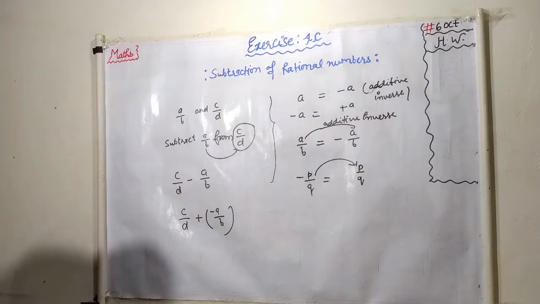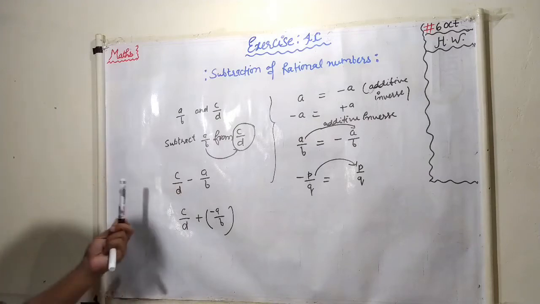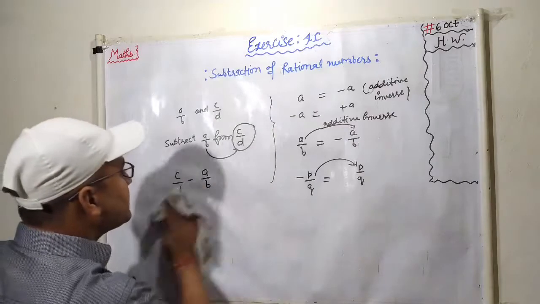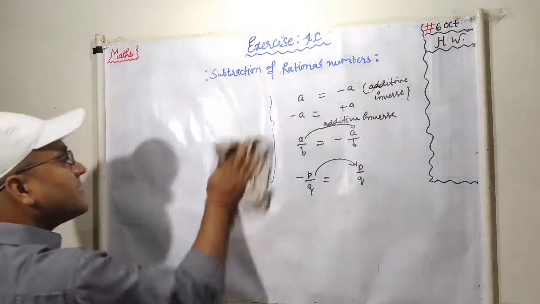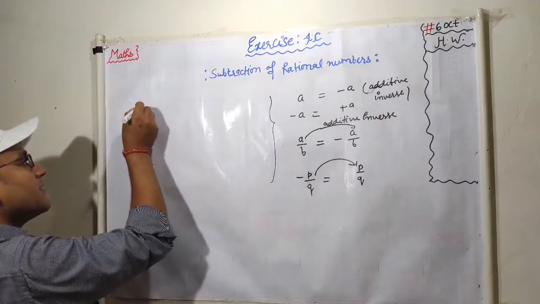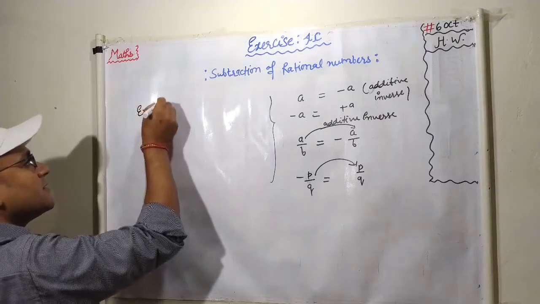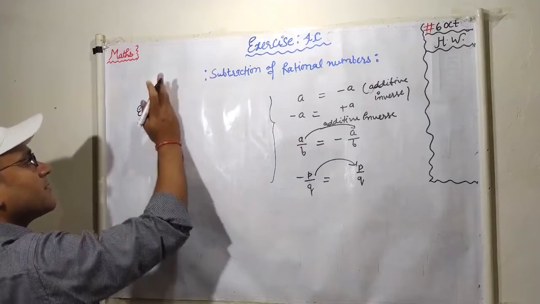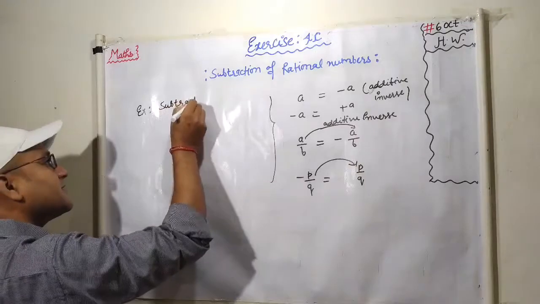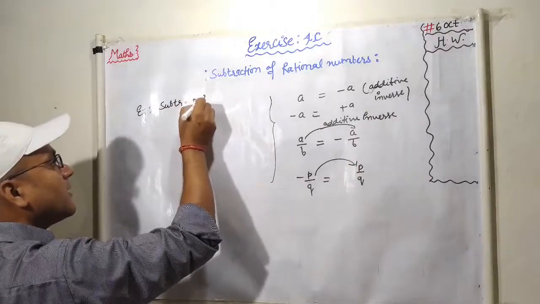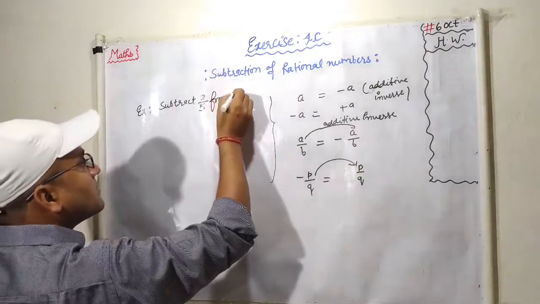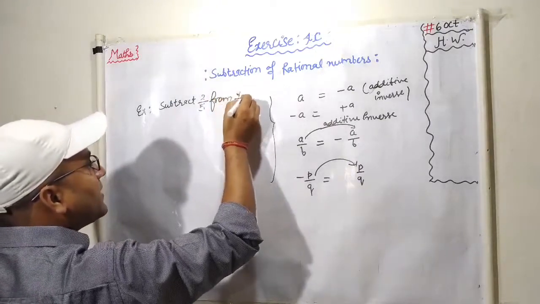So I will take one example, students, very easy. Example: subtract 2 by 5 from 4 by 3.